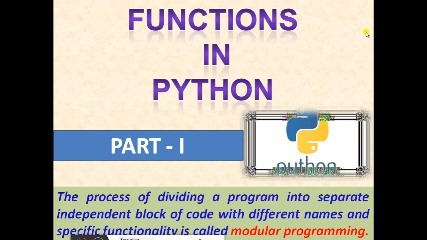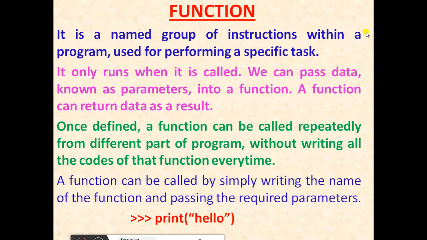Now, the term function. A function is a named group of instructions within a program which is used for performing a specific task. It only runs when it is called.